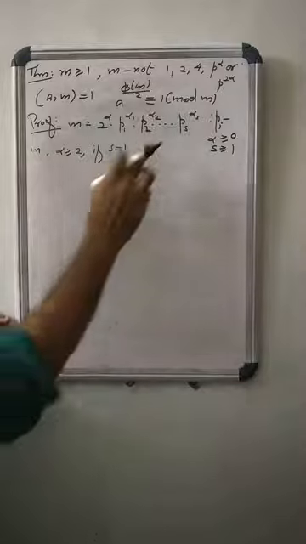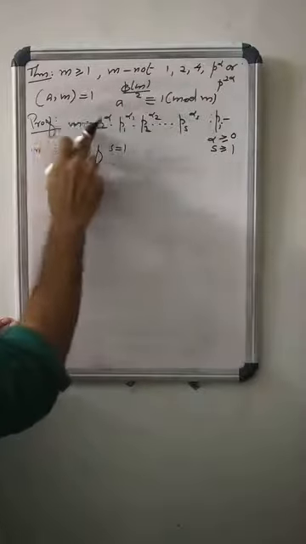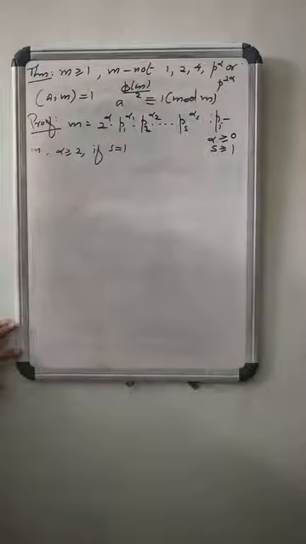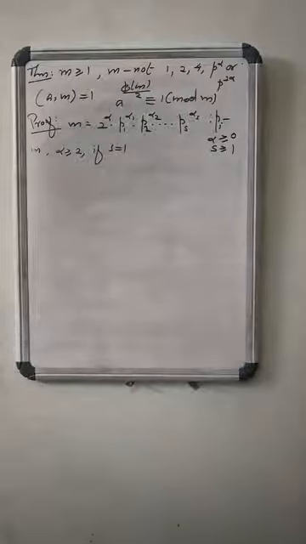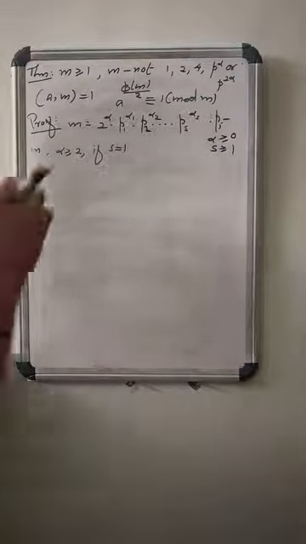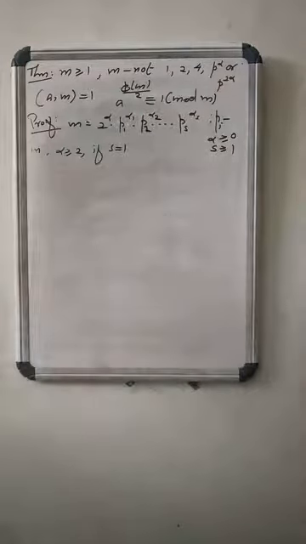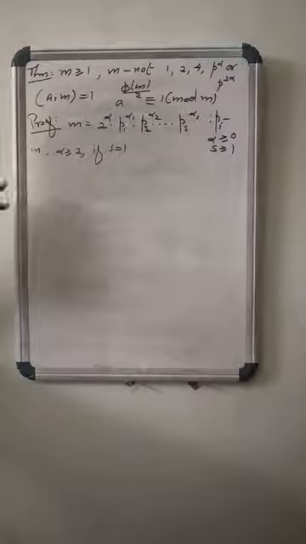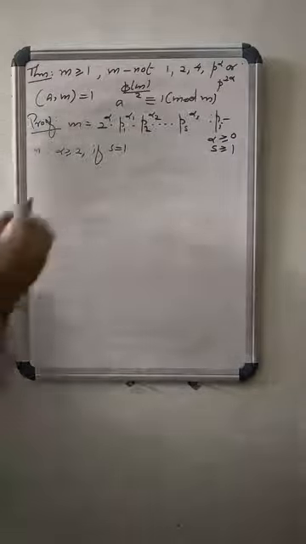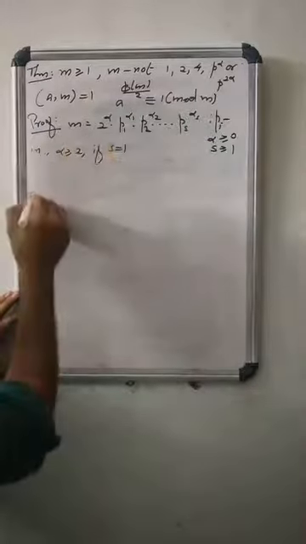If s equals 1, then m equals 2 power alpha into p1 power alpha. And when alpha is greater than or equal to 2, since m is not of the form, when s equals 1, what is m?